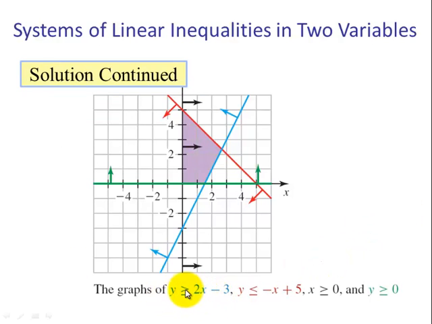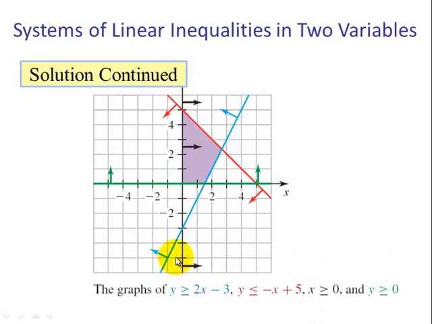So for the first one, y is greater than or equal to 2x minus 3. That's all the points above this blue line. The next inequality, y is less than or equal to negative x plus 5. So since it's a less than, that's the area below the red line.